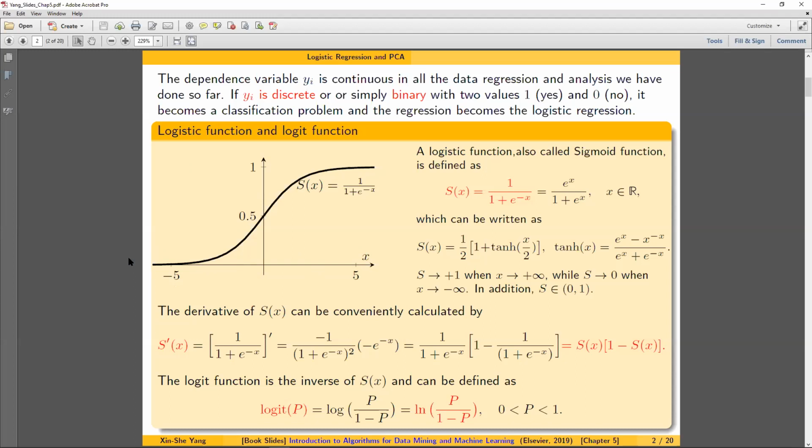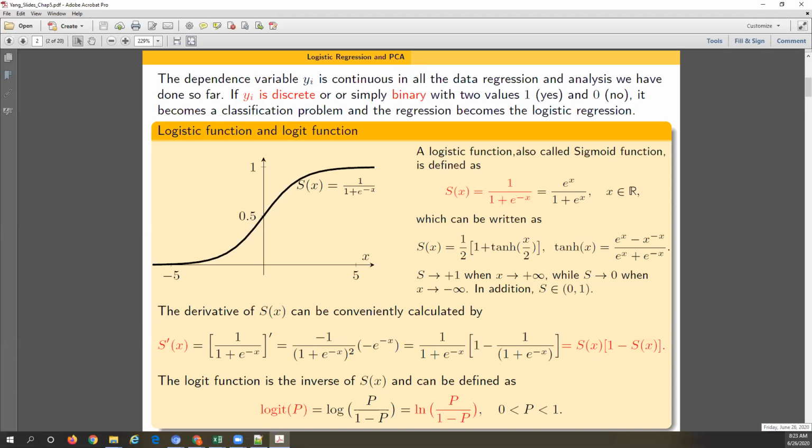Let's take a look at the derivative of S(x). The good news is that the derivative becomes S(x) itself times 1 minus S(x). You can do the derivation in between, but the conclusion is that the derivative of the function can be rewritten as the function multiplied by itself in this form.